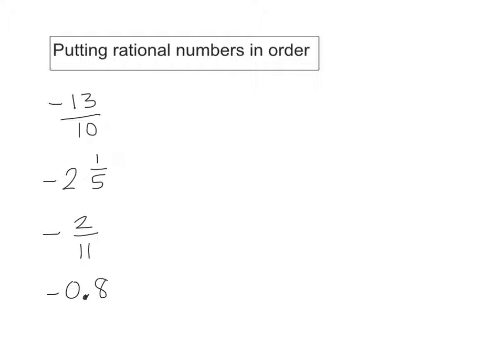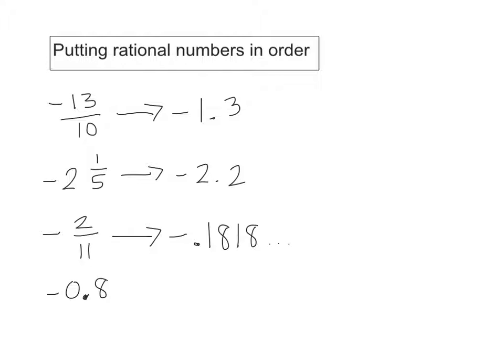So I've done a little bit of math on the side here, and this -13/10 will be -1.3 in decimal form. -2 1/5 is -2.2, and -2/11 is going to be -0.1818 repeating. And then of course this is already in decimal form, so we have -0.8.